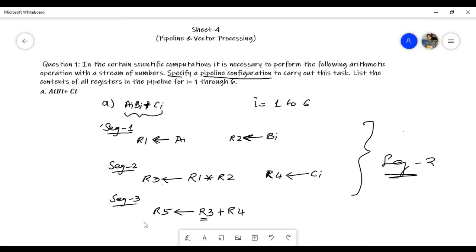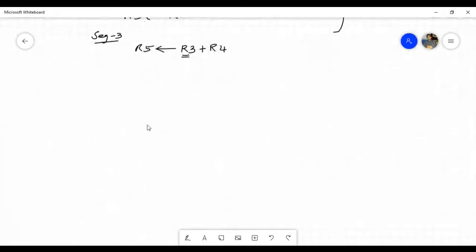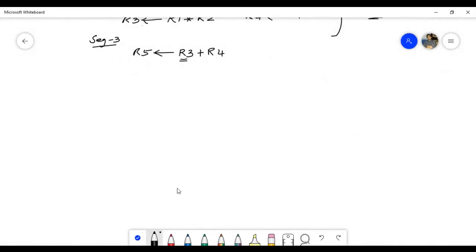Now we will draw the flow chart, showing how this operation is performed. Whatever we did here, we will just write in terms of a flow chart. We have R1 here, and here R2. AI value is initialized in R1 and BI value is initialized in R2.